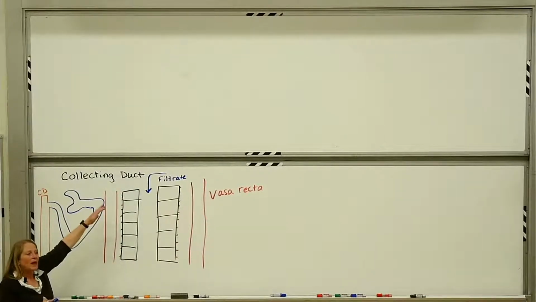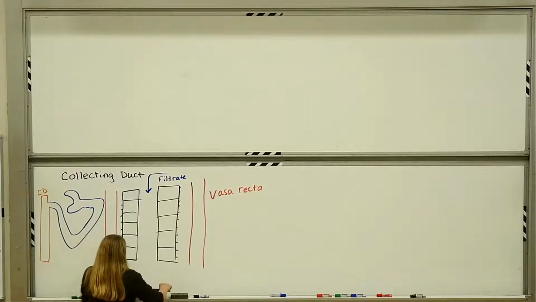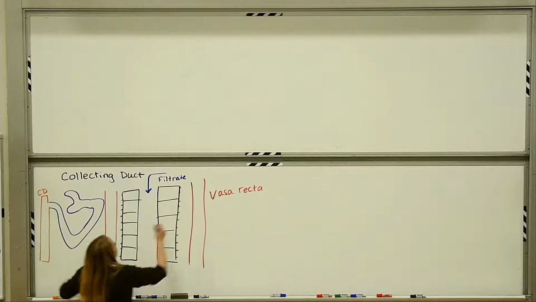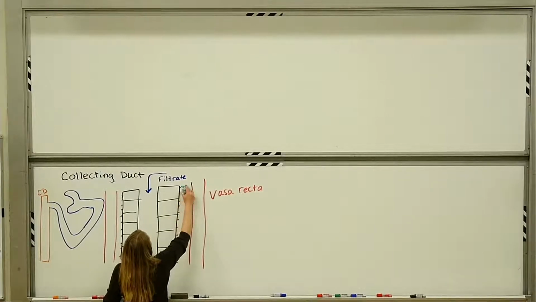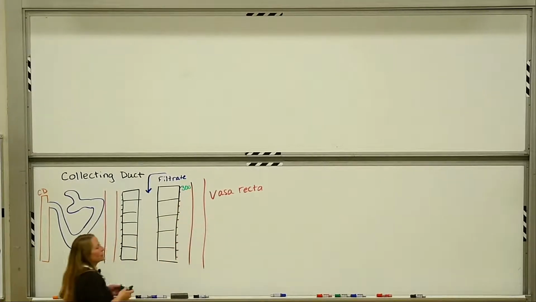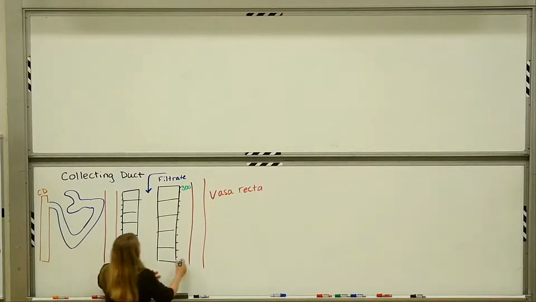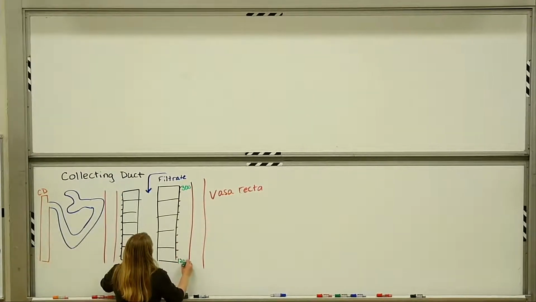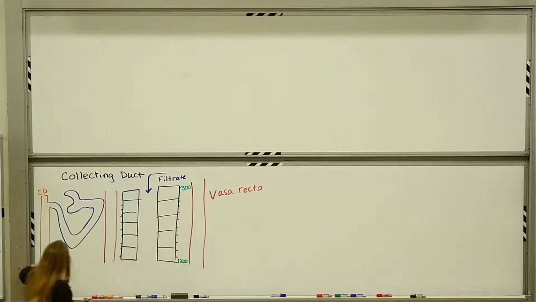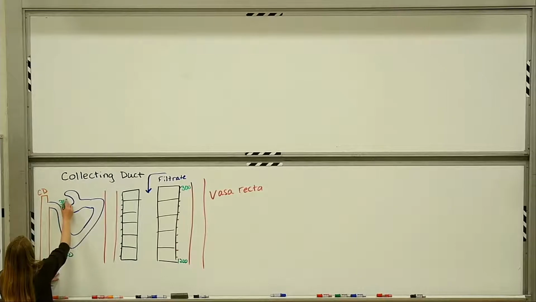So when we're at this cortex region, the osmolarity out here in the interstitial space is going to be about 300 milliosmoles. And as we move down the medulla, we're going to increase to about 1200 at the very bottom. So way down here, we're closer to 1200 and about 300 up here.